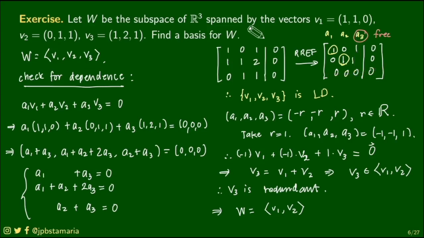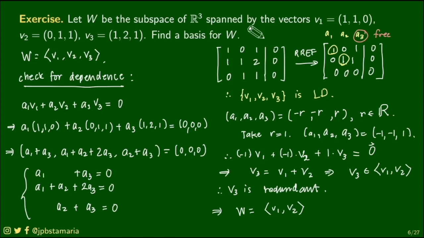So the strategy is the following. If you check for the dependence of the original set, you will end up solving a homogeneous linear system. Then you perform an RREF, no? The columns that do not contain a pivot correspond to vectors which are redundant. So if there is more than one column without a pivot, these columns correspond to redundant vectors.